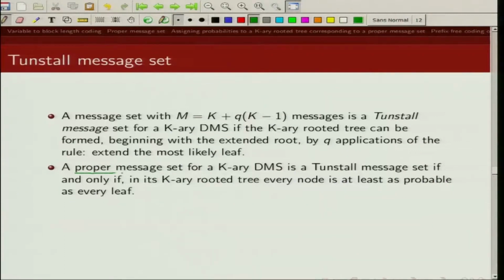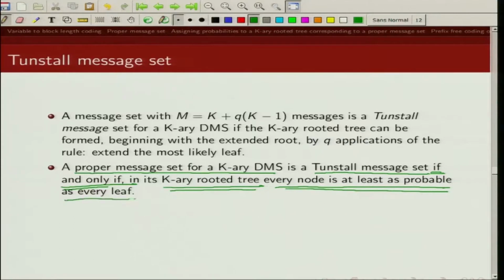So a proper message set of a k-ary discrete memoryless source is a Tunstall message set if and only if in its k-ary rooted tree every node is at least as probable as its leaf. Why would every node be at least as probable as the leaf node?